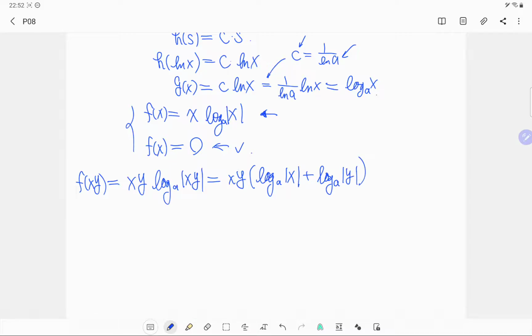So we distribute xy into this expression.